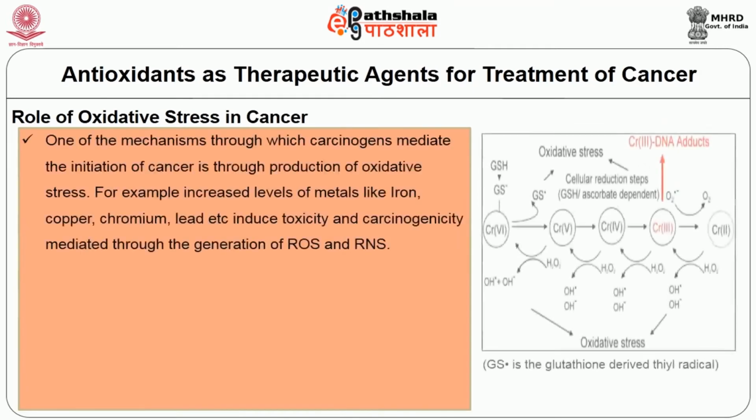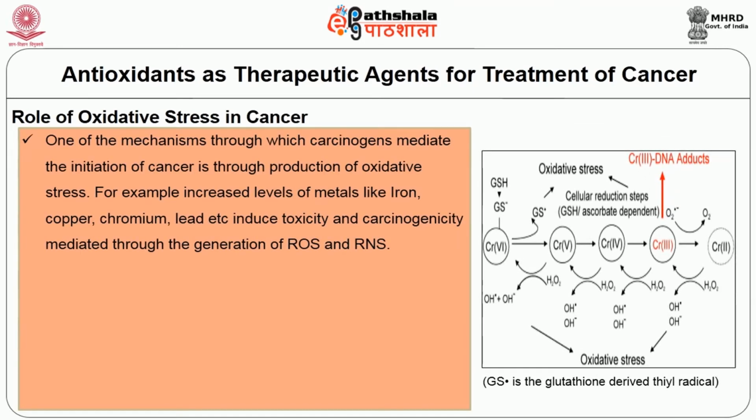One of the mechanisms through which carcinogens mediate the initiation of cancer is through production of oxidative stress. For example, increased levels of metals like iron, copper, chromium, lead, and so on induce toxicity and carcinogenicity mediated through the generation of reactive oxygen species and reactive nitrogen species.